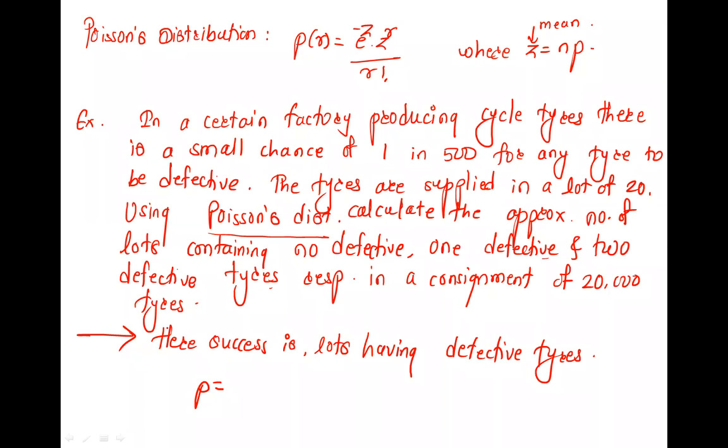So what is the probability? 1/500. Right, favorable upon total 500, there is only one defective. So we got P. What is N? The tires are supplied in a lot of 20. So N is 20.